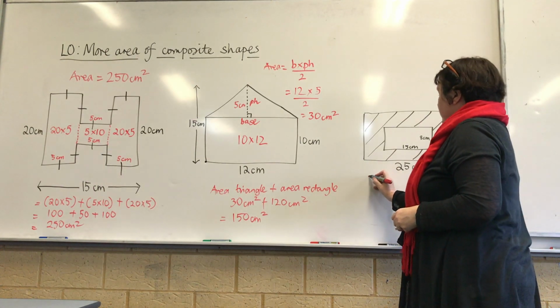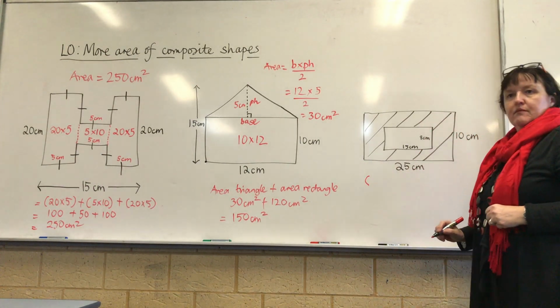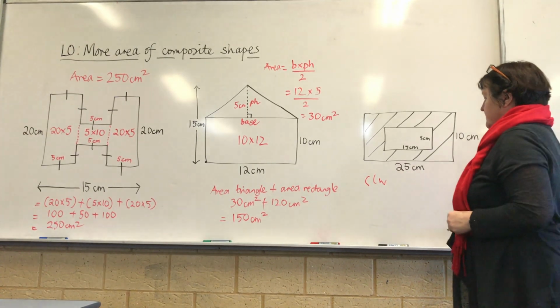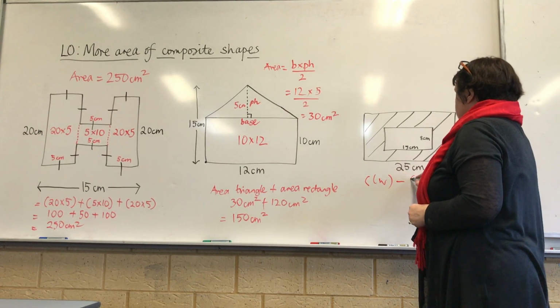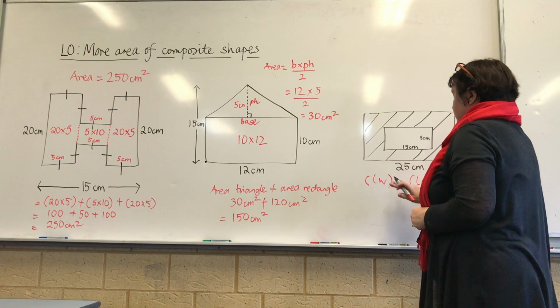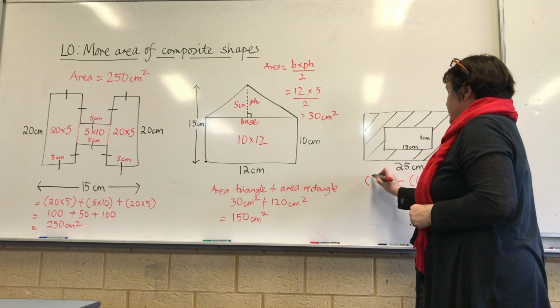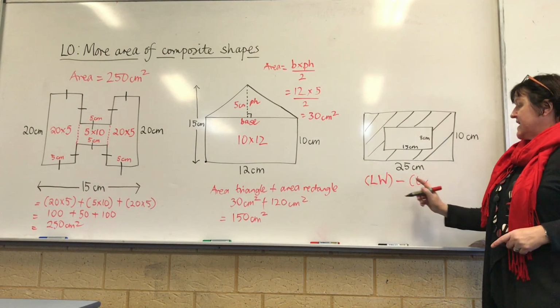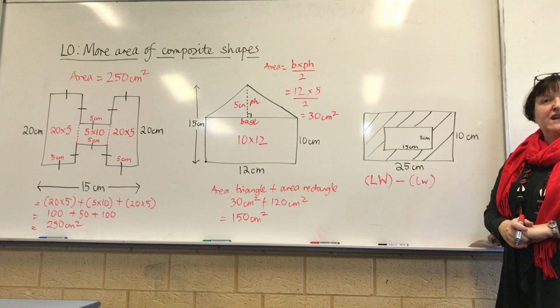So, length times width of the big rectangle, take away the length times width of the little rectangle. Well, actually, let's put those in capital letters. LW of the big rectangle, and then LW of the little rectangle.